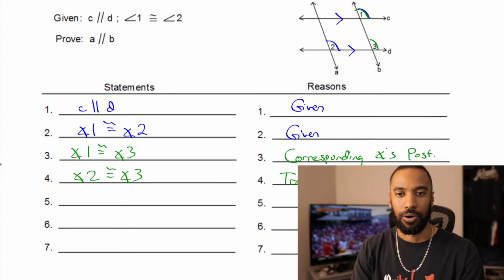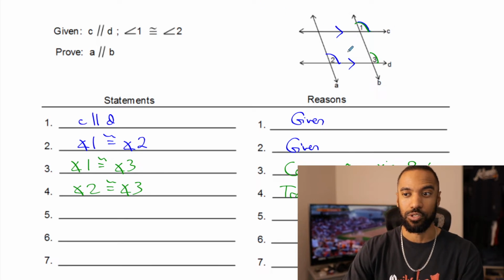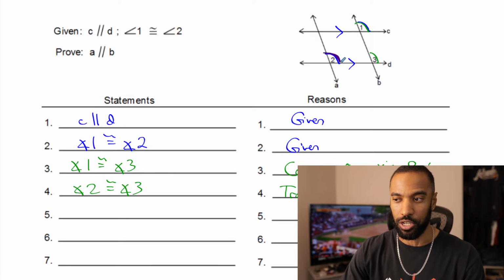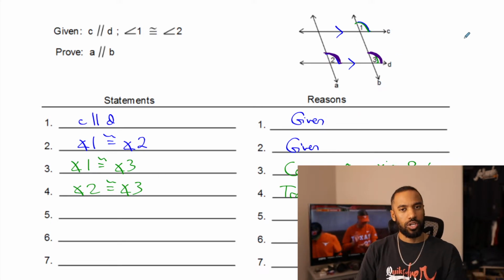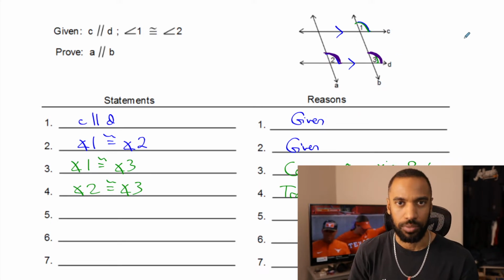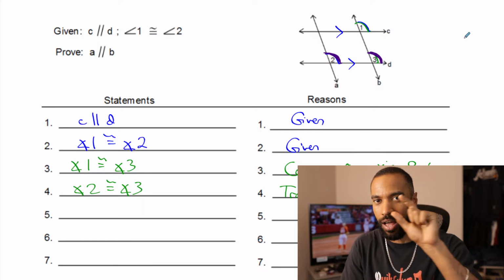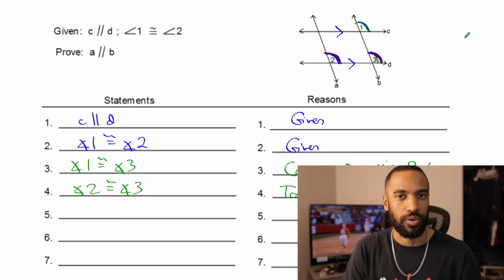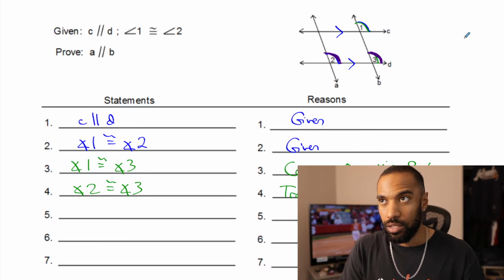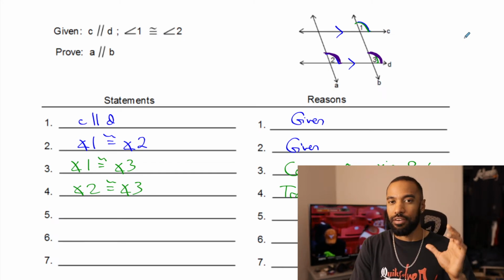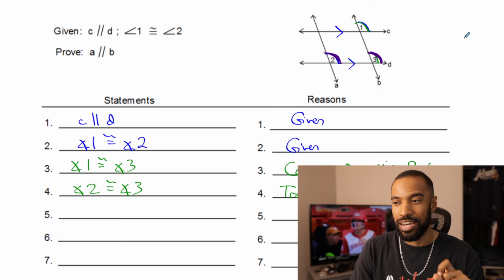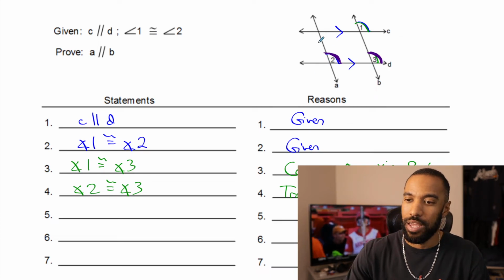Okay, now, these are corresponding angles, and we just found them to be congruent to each other. Well, you know what's true, too? That corresponding angles postulate is biconditional. The original postulate states if lines are parallel, then corresponding angles are congruent. The converse of the statement says if corresponding angles are congruent, then those lines are parallel.